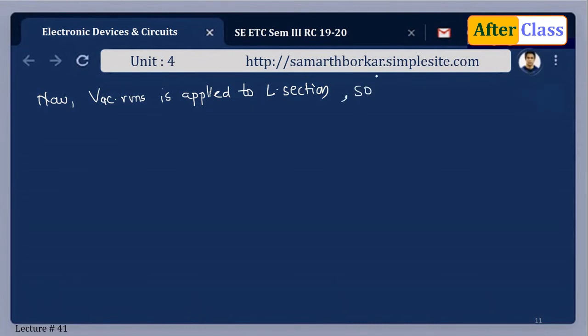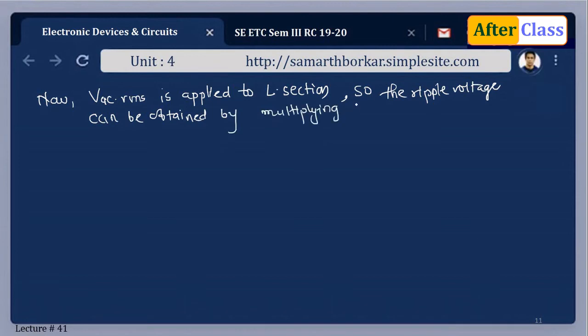So the ripple voltage can be obtained by multiplying XC2 by XL. So that is V prime AC RMS.